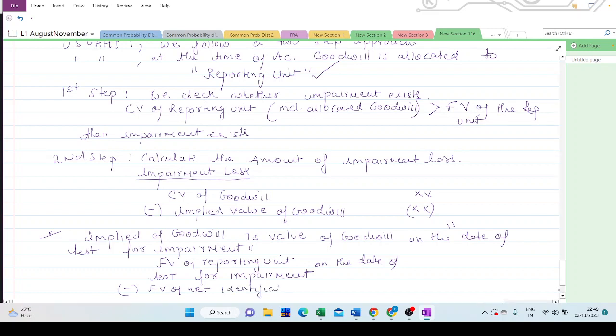When I say net identifiable assets, we won't include the carrying value of goodwill here. Not include carrying value of goodwill because we are speaking of identifiable assets. Let me write this down.